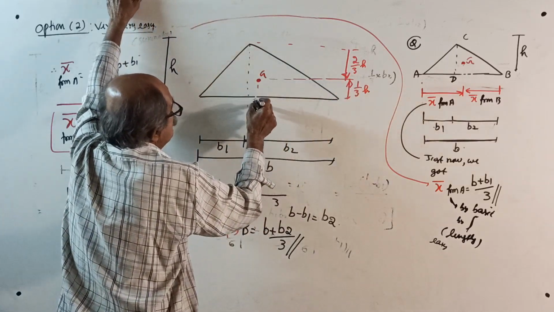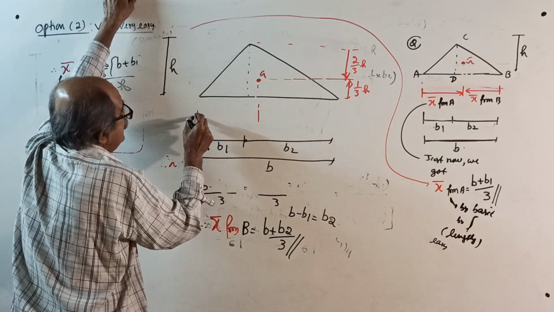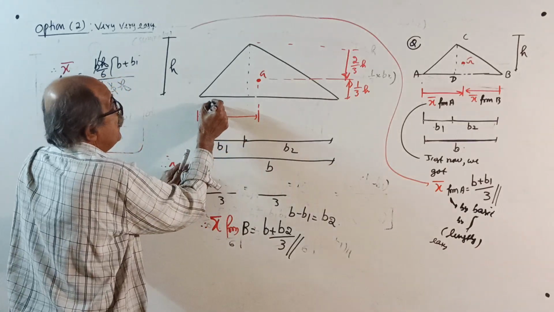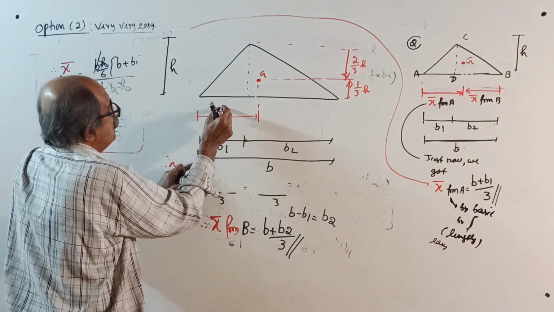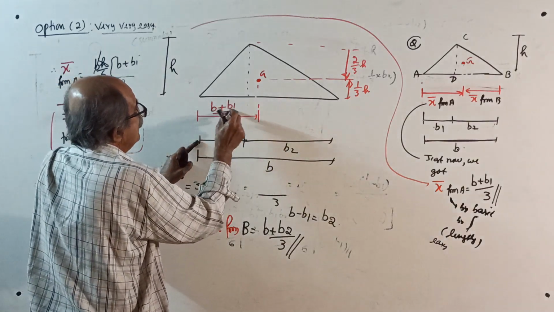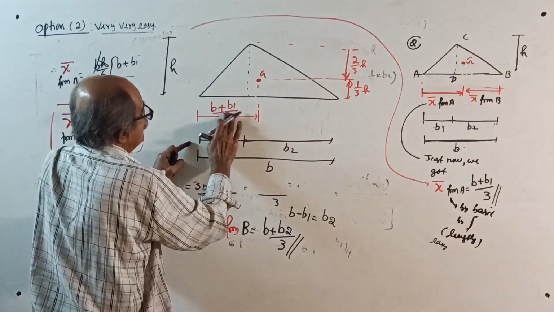Whereas if you want to locate the centroid from here, it will be the full base b plus this cut length b1 divided by 3.